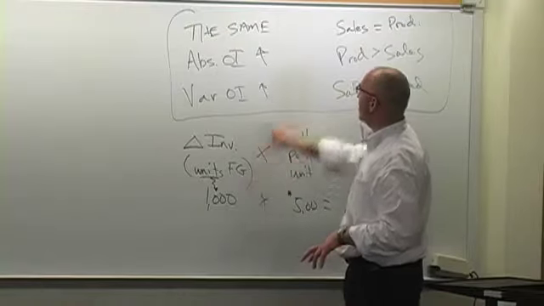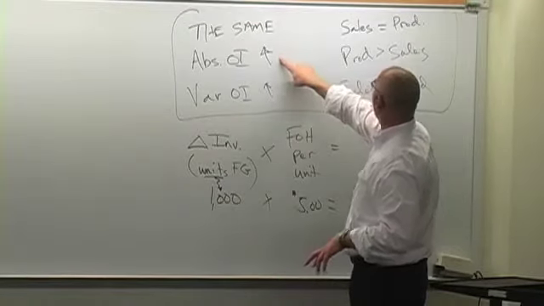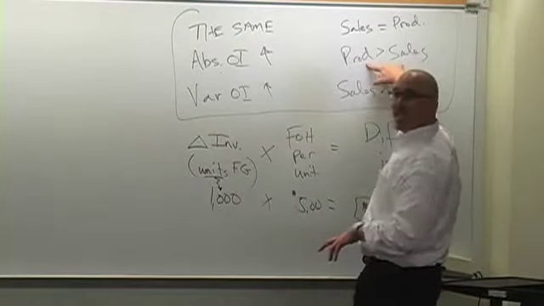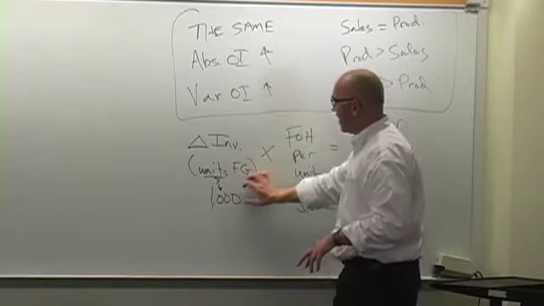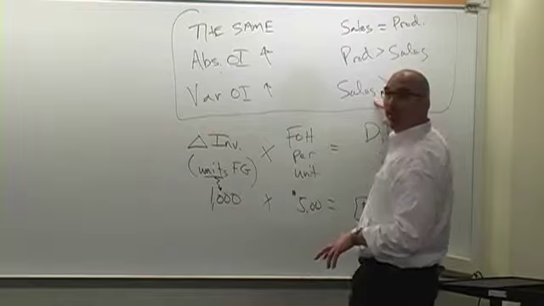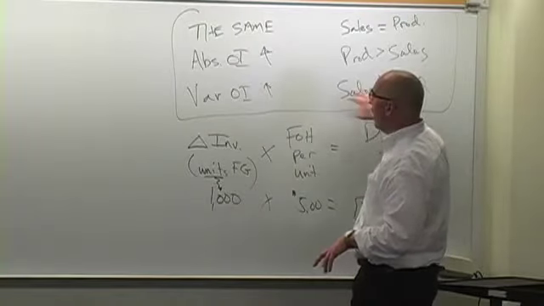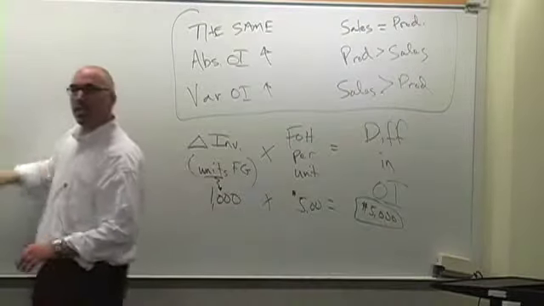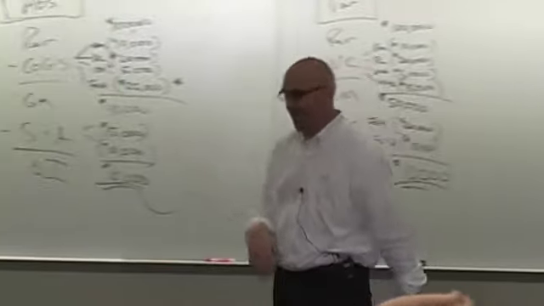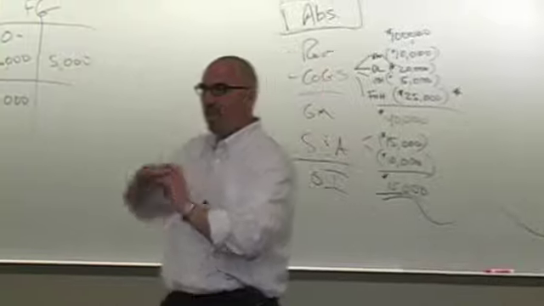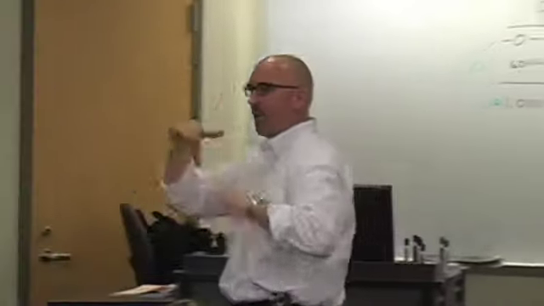If it's an increase in inventory, then absorption needs to be higher. If it's a decrease in inventory, then variable costing income will be higher.